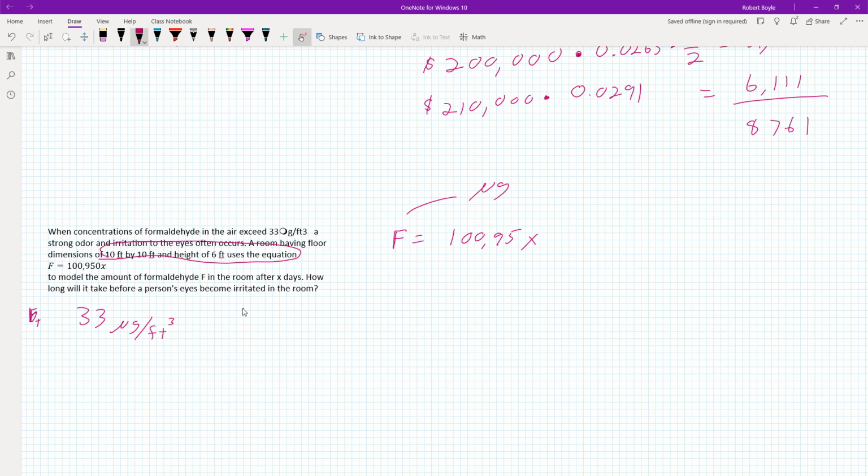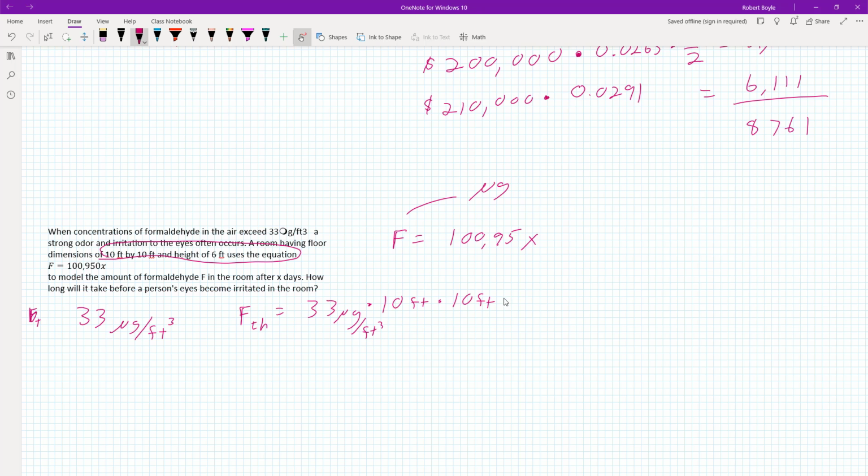So in this case, our F threshold value, i.e. the amount of formaldehyde in that room which will cause your eyes to become irritated, is going to be equal to the threshold density, which is 33 micrograms per cubic foot, times the volume of the room, which is 10 feet times 10 feet times 6 feet. I forgot the foot cubed here.